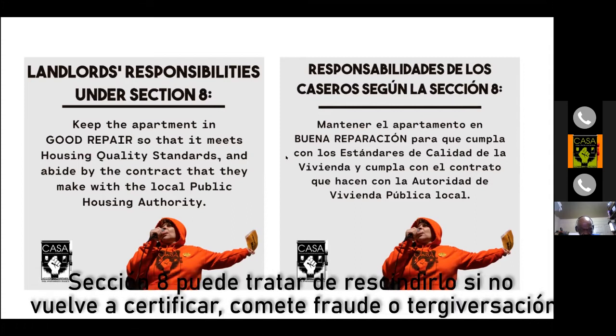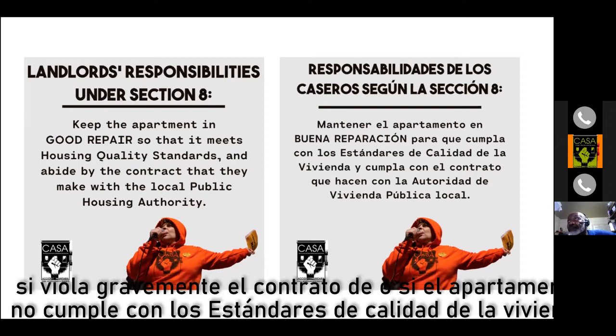Reasons that Section 8 may try to terminate you include if you fail to recertify, commit fraud or misrepresentation, seriously violate the lease, or if an apartment does not meet housing quality standards.